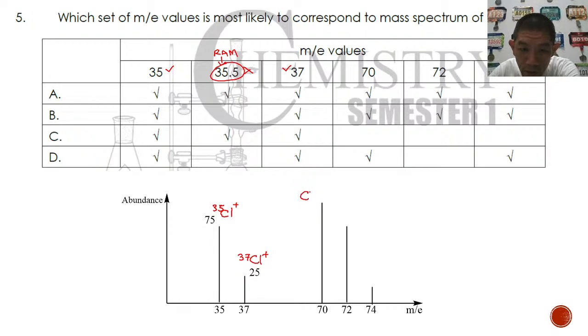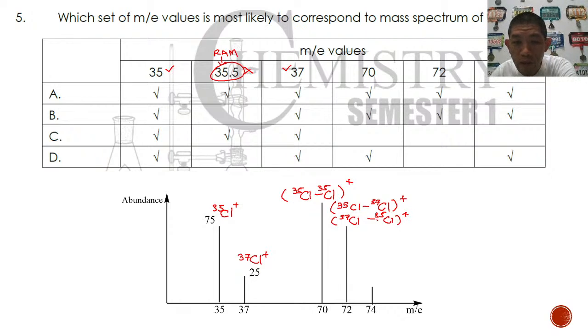Because chlorine exists naturally as a diatomic molecule, the 70 is made of 35Cl, 35Cl plus, whereas 72 is made of 2 possibilities: either 35Cl, 37Cl, or another orientation, 37Cl, 35Cl.